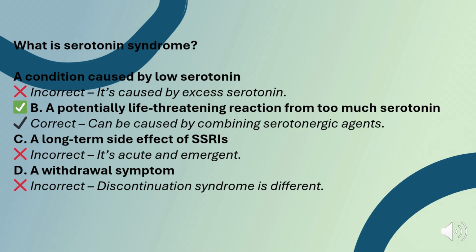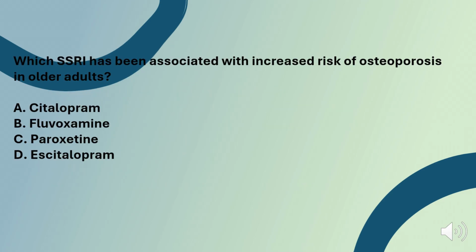That's something else, totally different. And it's not a long-term side effect, and it's not bradycardia or low serotonin. You need to know the difference between serotonin syndrome and discontinuation because those are high-yield topics on the boards.